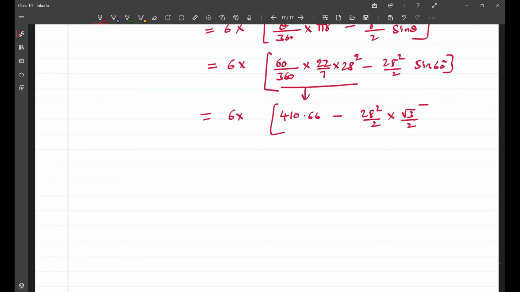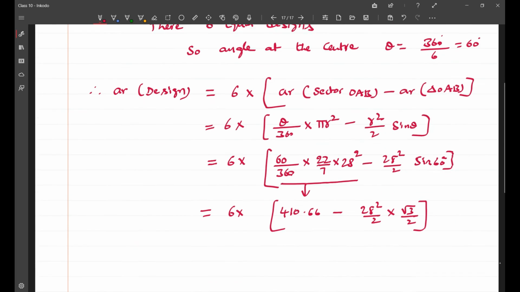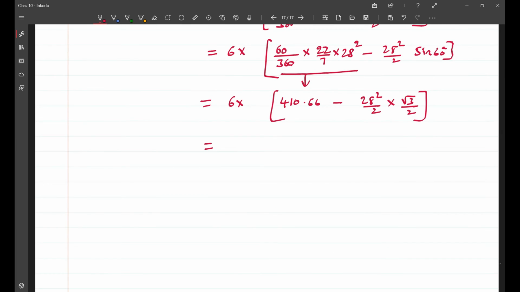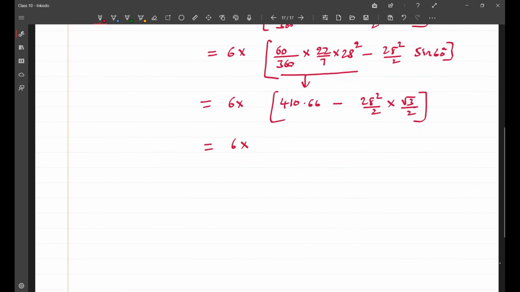In the question the given value of root 3 is 1.7, so in place of root 3 we can write 1.7: 410.66 minus 28 square by 2 multiplied by 1.7 by 2.